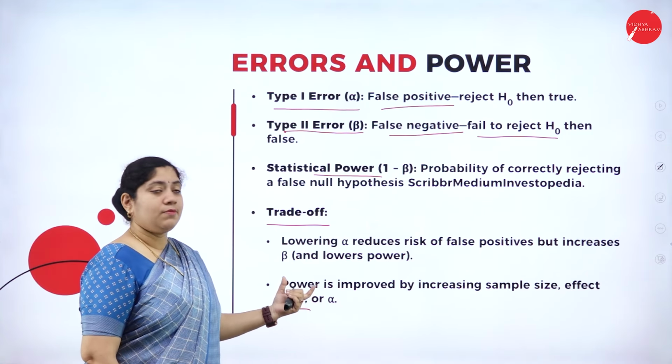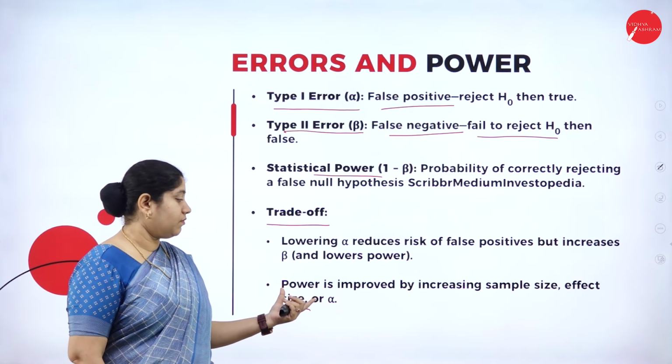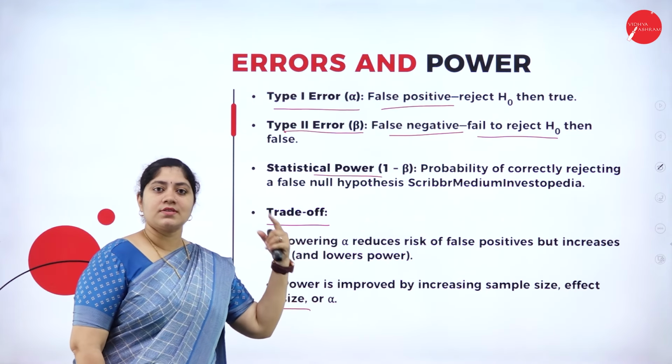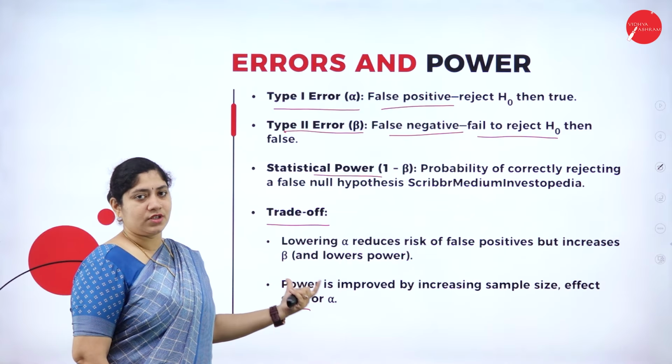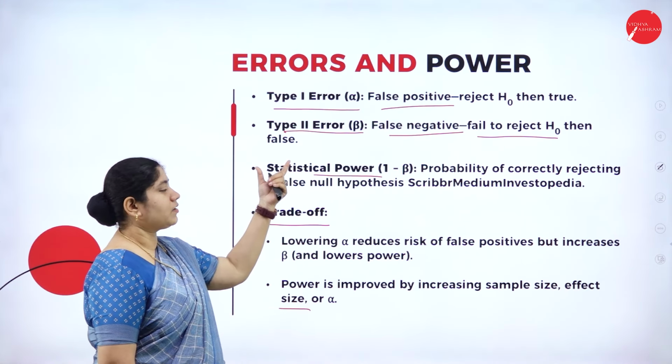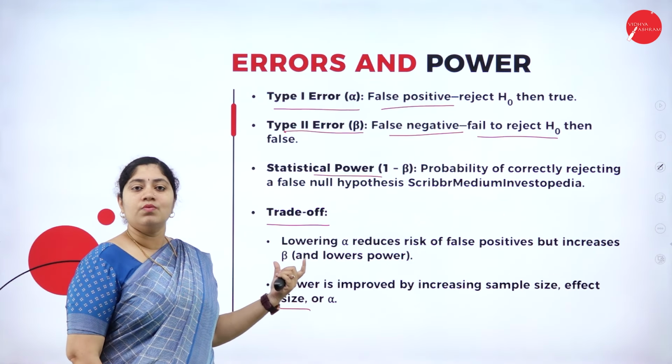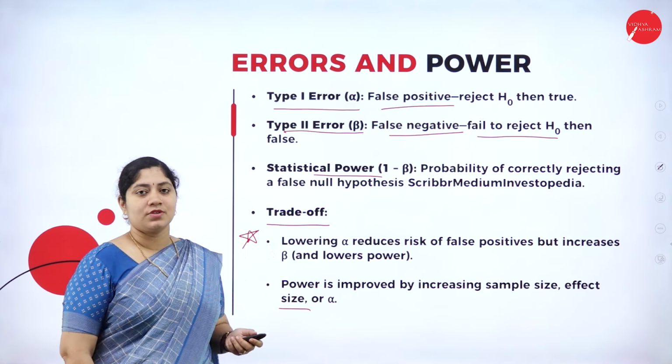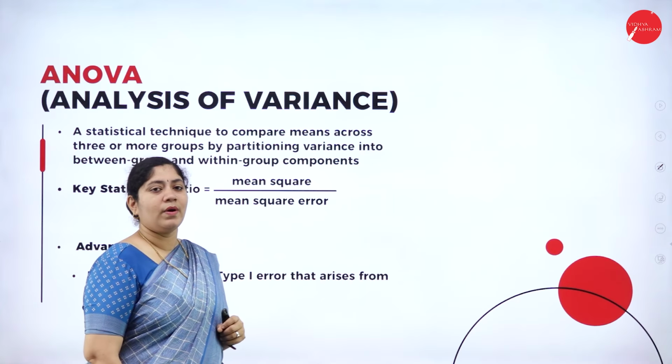So this is very, very important. When the sample size is increased, as well as when alpha is increased, the power will also be increased. So these are two very important trade-offs with respect to errors and powers.